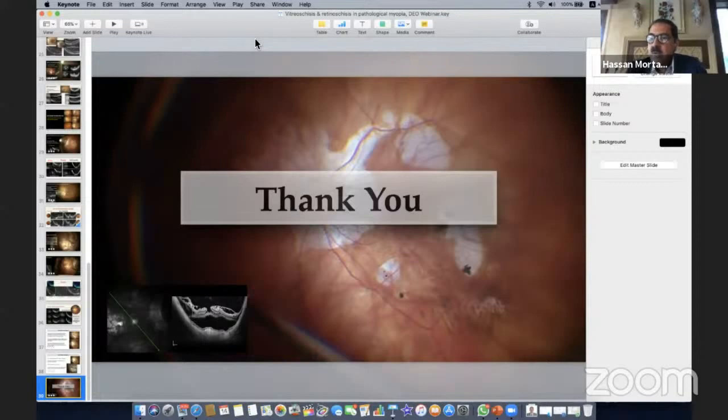And as you all know, the size of the myopic eye is huge. And when you inject air, there will be a large volume of air. And air stays in these eyes at least for 10 and sometimes for 15 days. So in these eyes, there is no need to use SF6 or C3F8.